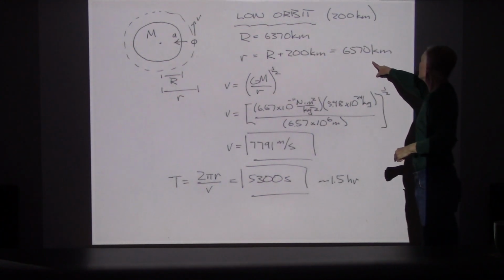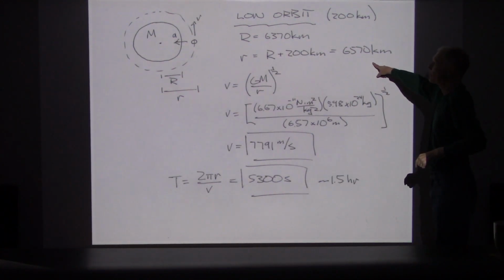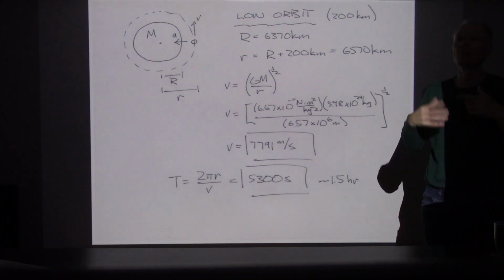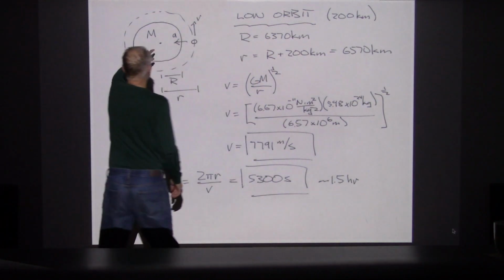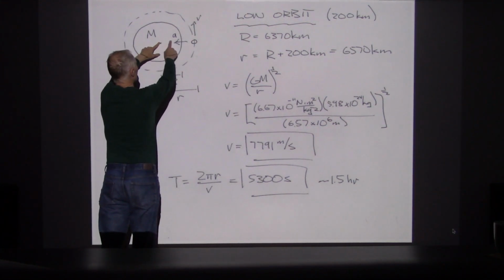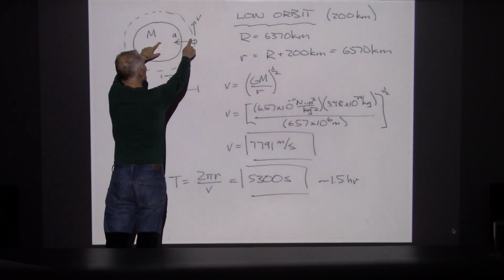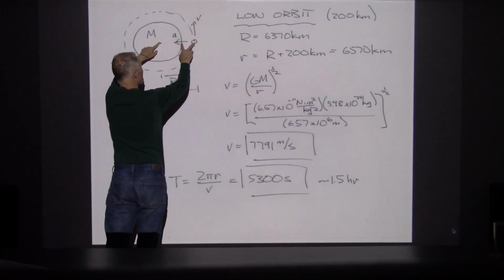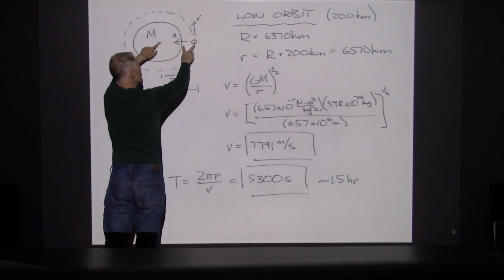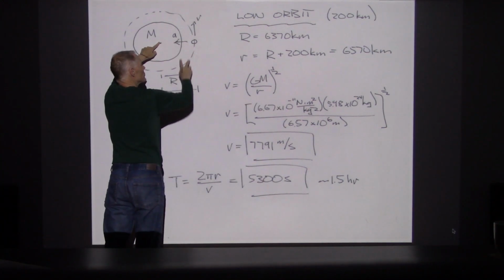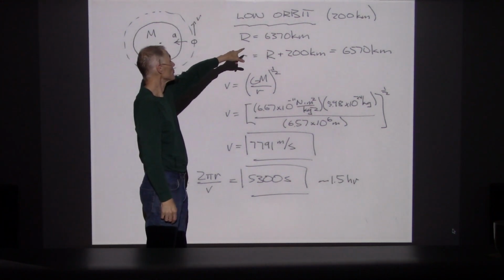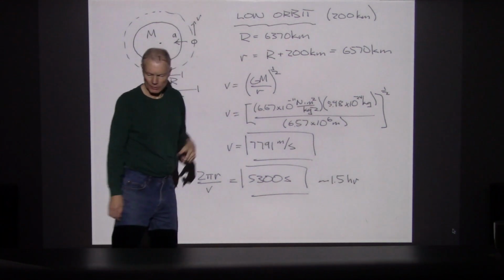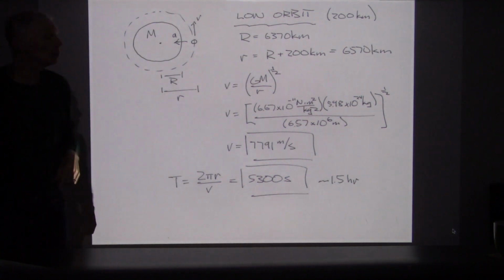That will give us 6570 kilometers for the radius of the orbit, right? The radius of the orbit is measured from the center of the Earth out to the surface and then out and beyond. So if we're given 200 kilometers above the surface, we add those together, 6370 plus 200, to get the 6570.